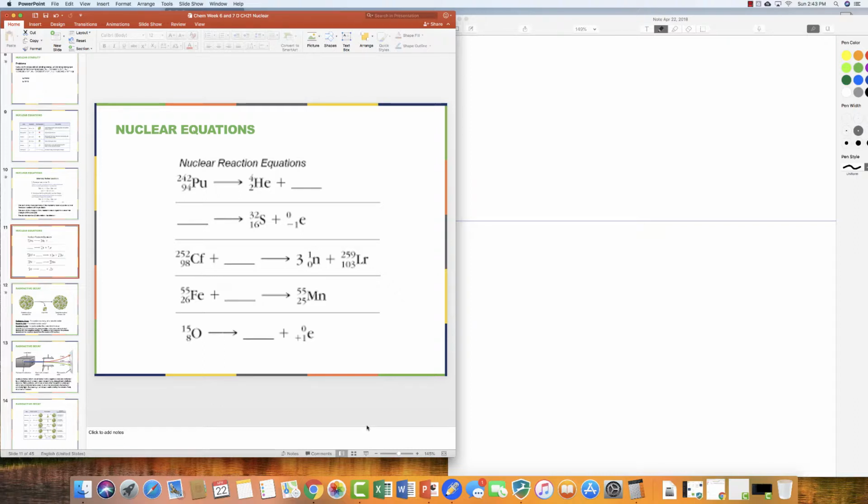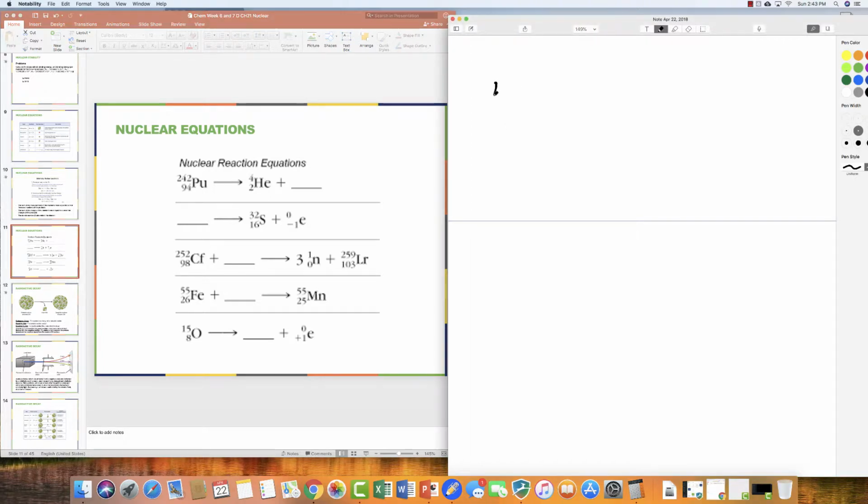You have plutonium-242, 94, breaks down to form an alpha particle, which is a helium nucleus, plus something. So 94 has to equal 2 plus something. So it has to be 92. So the subscript here is 92, and if you look that up on your periodic table, you'll find out what that is.